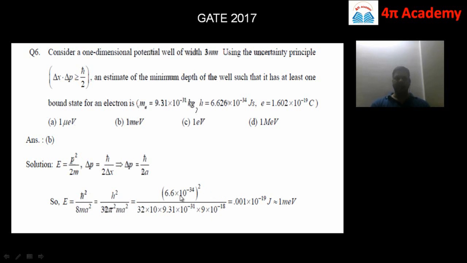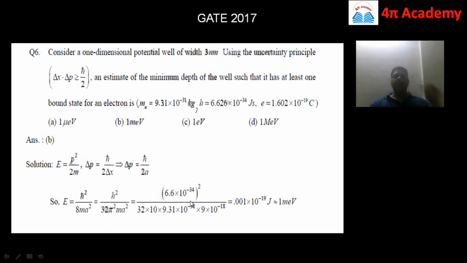So we substitute here the value of h, then the mass, that is 9.31 into 10 raised to power minus 31, and a square. Since a is 3 nanometer, that is 3 into 10 raised to power minus 9 meter, so its square will be 9 into 10 raised to power minus 18. And here we put the value of pi square roughly as 10.